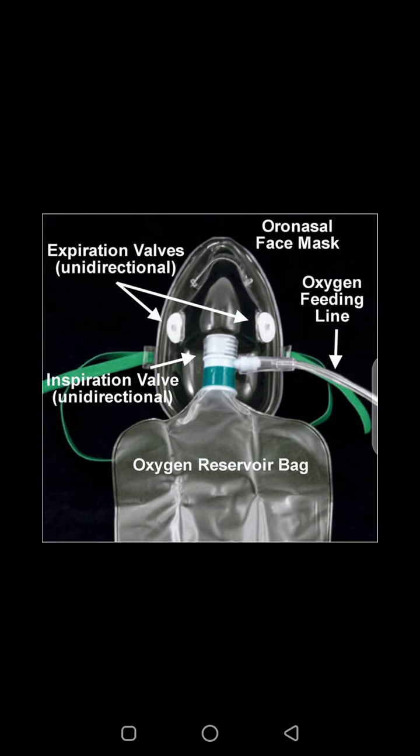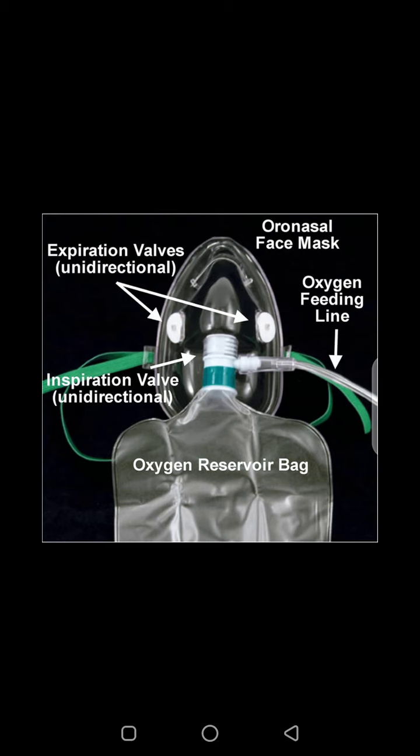Now, looking closely at the expiratory valve, here and here, there are two of them. It resembles the exhalation ports in the simple face mask. You can watch my previous video, where I talked about the simple face mask that contains exhalation ports.